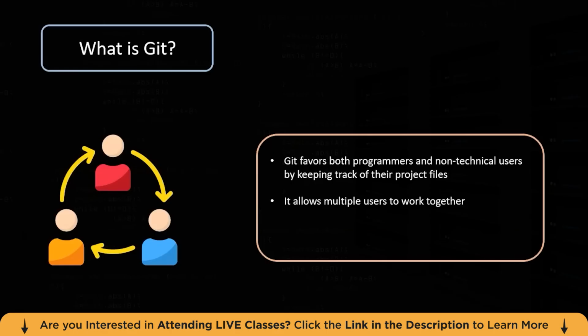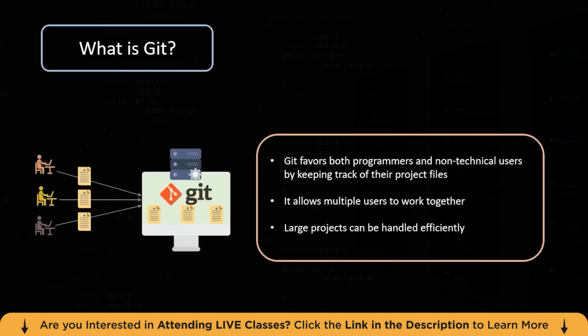In fact, it allows multiple users to work together, so different people and different programmers can collaborate with each other with the help of this tool. And it can also handle large projects.